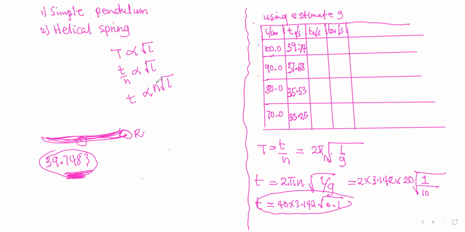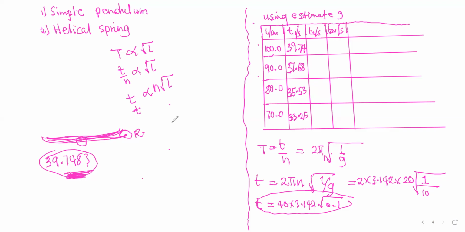So once this is a constant, when L increases, your T must also increase. When your L is decreasing, your T must also decrease. So if you look at our values, we are decreasing the value of L, and so we also have decreasing values of T. So if it follows the trend, you are good to go.